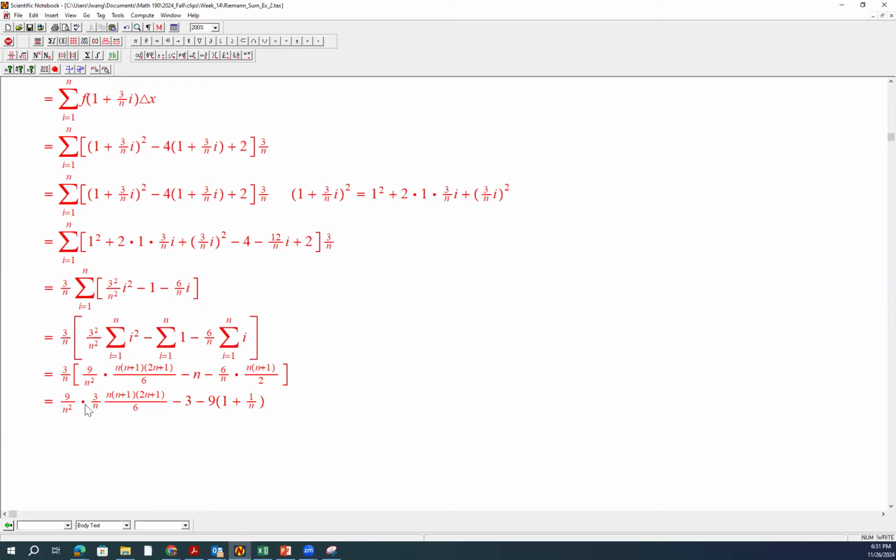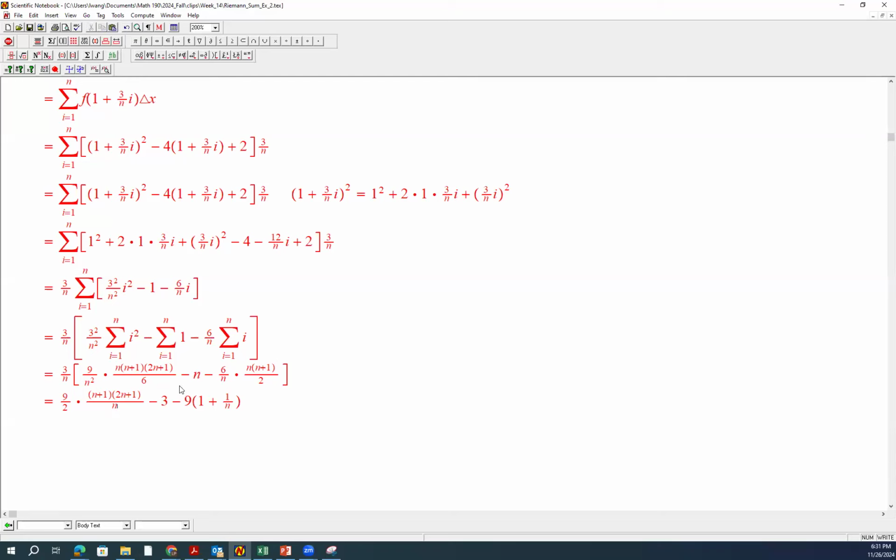Now, this piece, 6, 3, reduce this. So this is 2. This 1 over n reduces with this n here. And bring the 2 over here and bring n squared under these two.